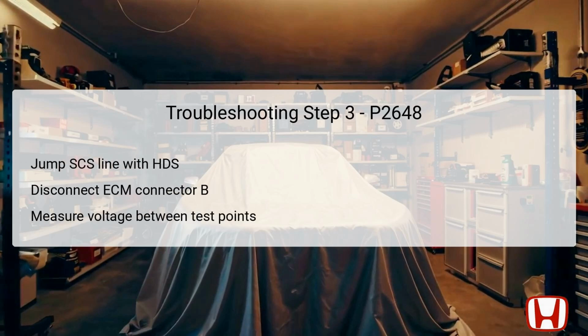Step 3 of the troubleshooting process includes jumping the SCS line with the HDS to enable the necessary diagnostic functions. Following this, disconnect the ECM connector B, which houses multiple critical circuits responsible for engine management. With the connector removed, technicians will measure the voltage between designated test points while the ignition is in the on position.